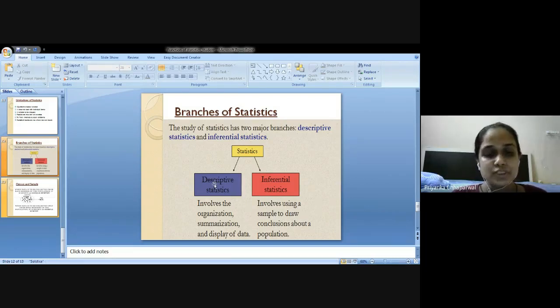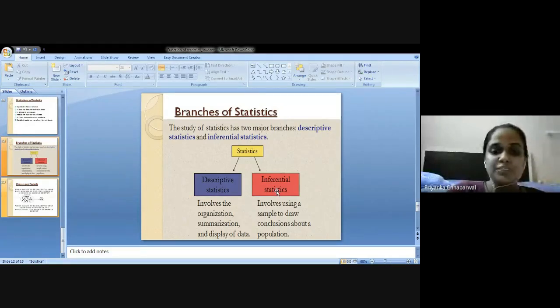हम यहाँ पे जो डिस्क्रिप्टिव स्टैटिस्टिक्स है, हम जितना भी पॉपुलेशन है वो ले लेते हैं, whatever population we have. But in the second type of branch, हम population में से some part लेते हैं.